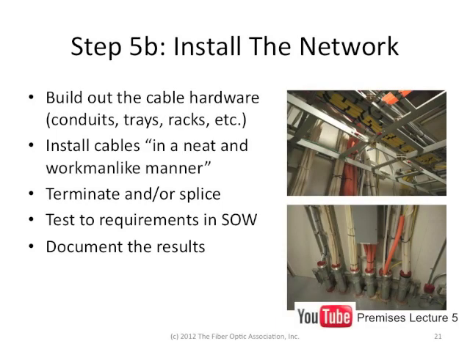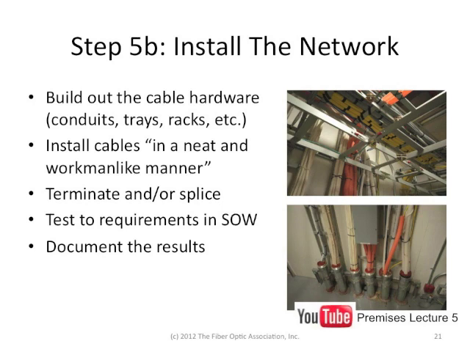Premises cabling generally requires the installation of cable hardware, conduits, cable trays, and racks before you actually install the cable. You want to install the cables in what's known as a neat and workmanlike manner, like the NECA FOA 301 installation standard for fiber optics.